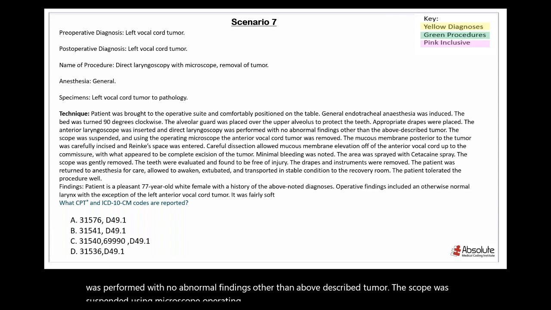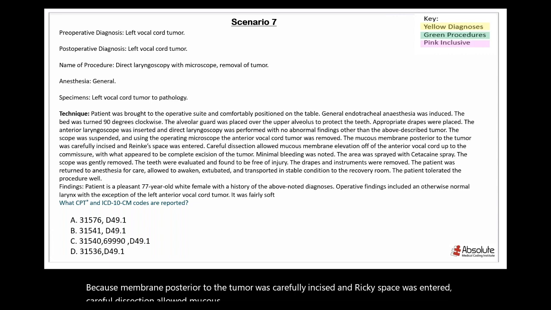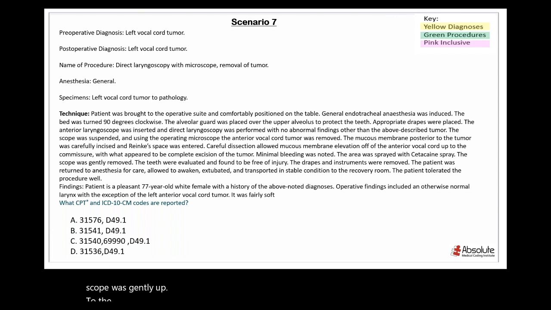An alveolar guard was placed over the upper alveolus to protect the teeth. Appropriate drapes were placed. The anterior laryngoscope was inserted and direct laryngoscopy was performed with no abnormal findings other than the above described tumor. The scope was suspended using an operating microscope. The anterior vocal cord tumor was removed. The mucous membrane posterior to the tumor was carefully incised and Reinke's space was entered. Careful dissection allowed mucous membrane elevation of the anterior vocal cord up to the commissure, with what appeared to be a complete excision of the tumor.